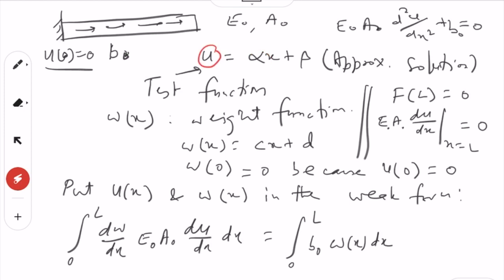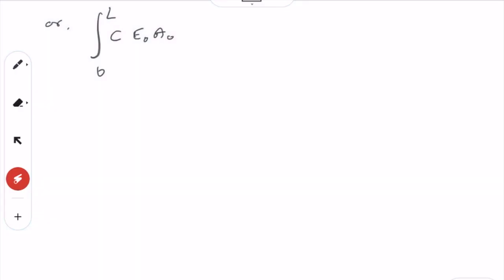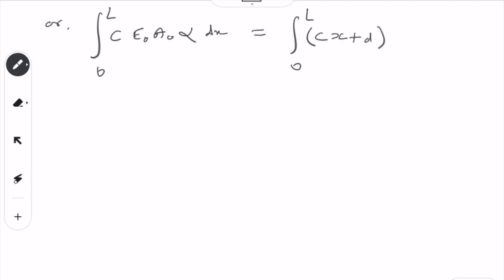So we have alpha dx, equal to the integral from 0 to L of (Cx plus D) times B naught dx.